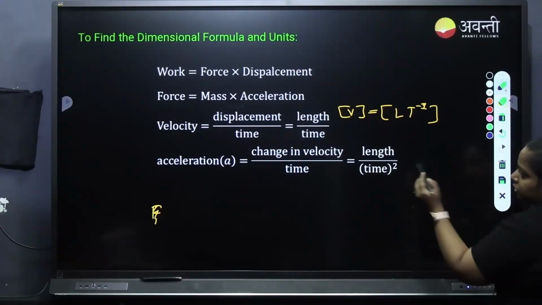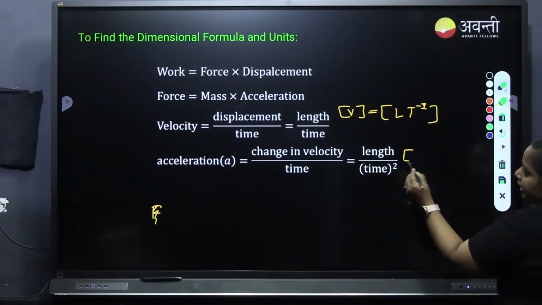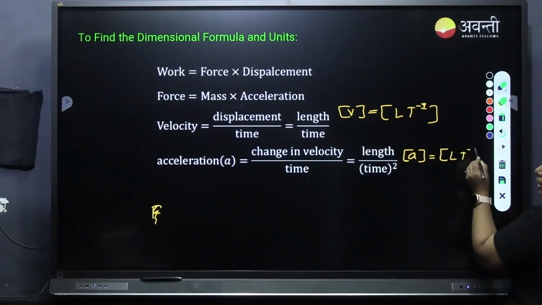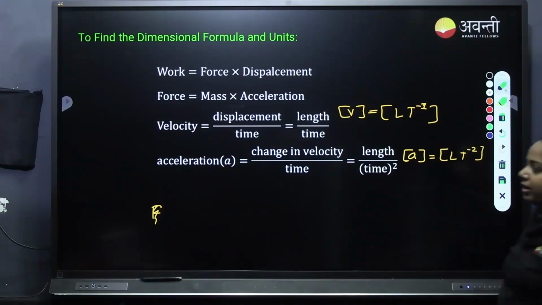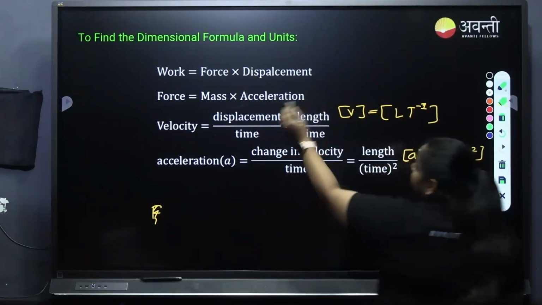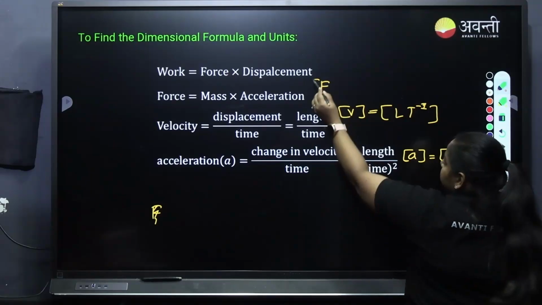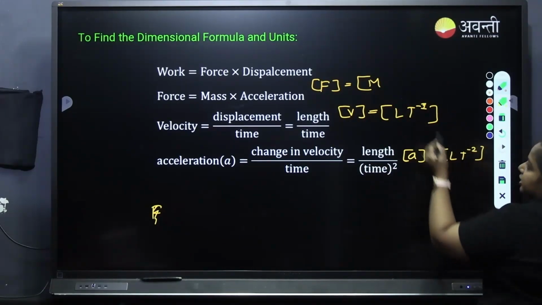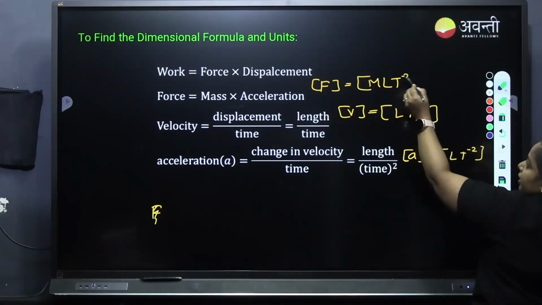Acceleration, length by time square. So the dimension of acceleration will be equal to L T minus 2. Now coming to force. Force is equal to mass into acceleration. So the dimension of force will be mass M, acceleration L T minus 2, M L T minus 2.